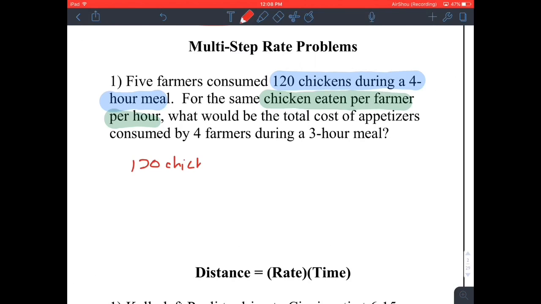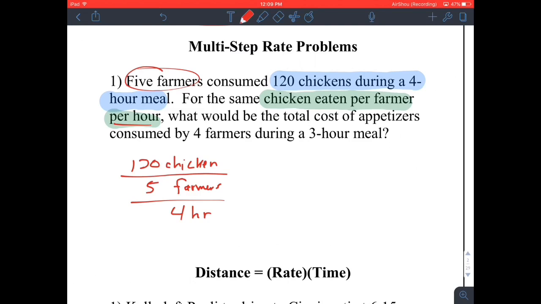By the way, the word per means divided by, which means fraction. Per farmer, said there were 5 farmers. And then it says per hour, that happened in 4 hours. It's a complex fraction, no doubt.